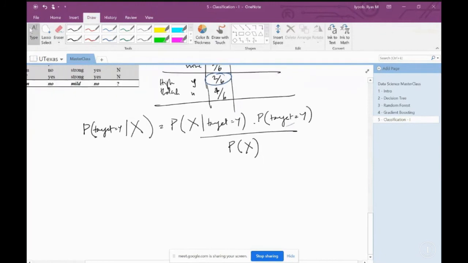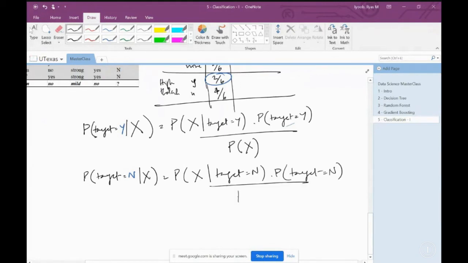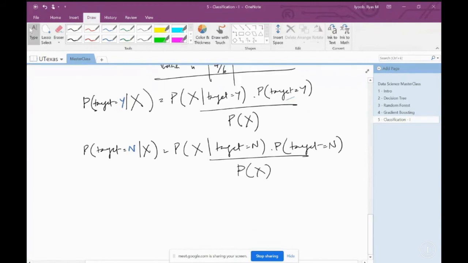This is for target is yes. Now if I do this for the probability that target is no, given x, same thing: probability of x given target is no times probability that target is no, divided by probability of x.